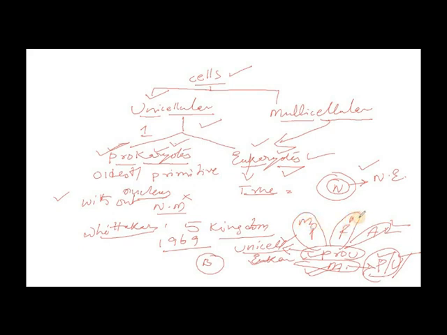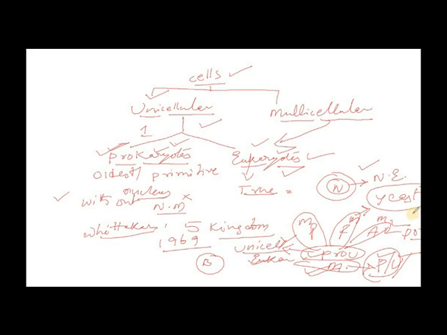Fungi are also multicellular; one exception is yeast, which is single-celled. So except yeast, one type of fungi, all are multicellular, and Animalia are also multicellular. The exception is Porifera, but there, more cells are present.